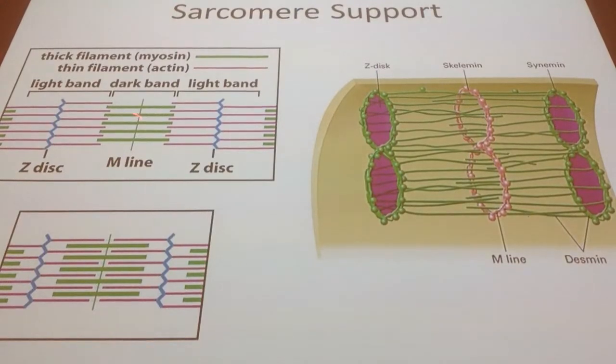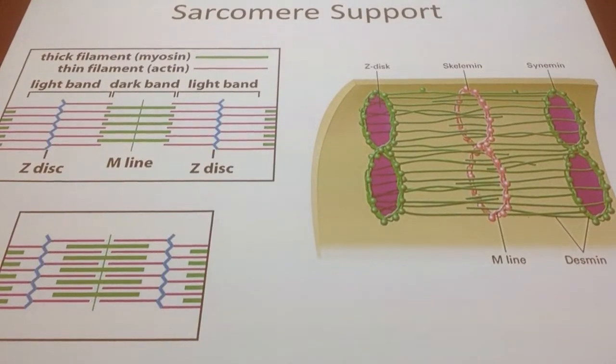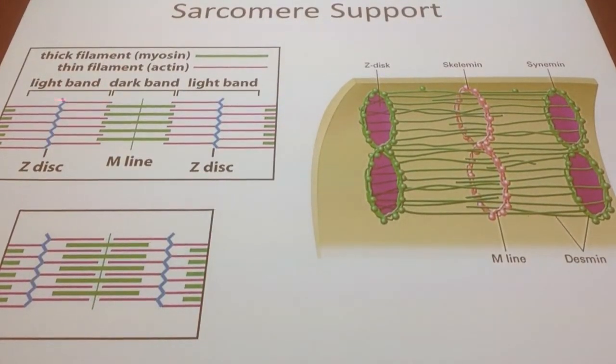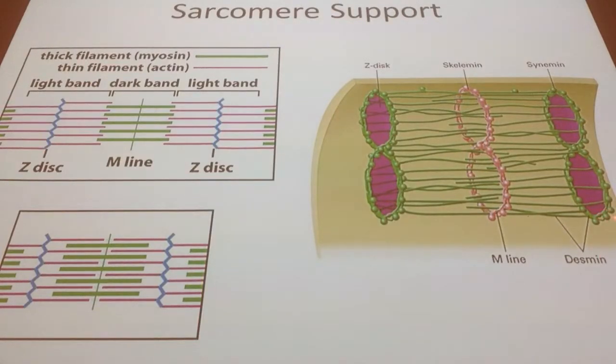So contraction occurs. The myosin filament, or thick filament, they're thick, right? So they're pretty stiff. Microfilaments are not so thick. They're thin filaments, and when something is thin, it kind of flops like this. But for contraction, you need the microfilament to be completely stiff, right? So the stiffness of the microfilament or thin filament of sarcomeres is provided by intermediate filaments. So parallel to each of these microfilaments, you would have a desmin filament.